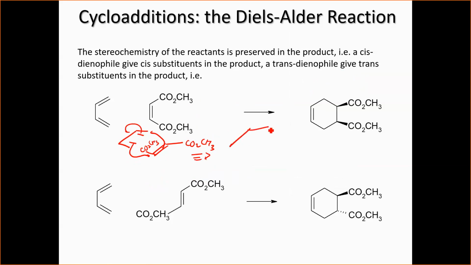In this case, we'll end up getting a double bond that will form here. Now for this OH group, it will be outside, CO2CH3, whereas for the one behind underneath, it goes like this, CO2CH3.